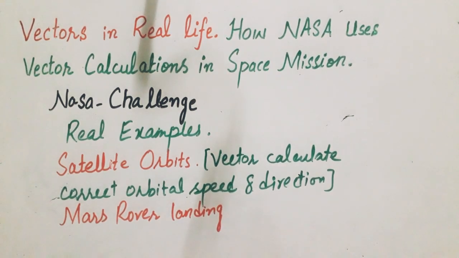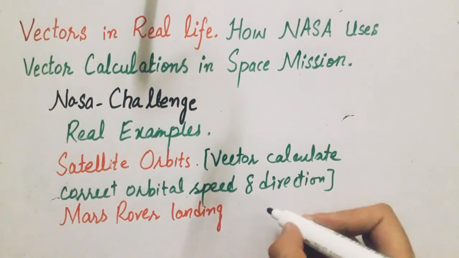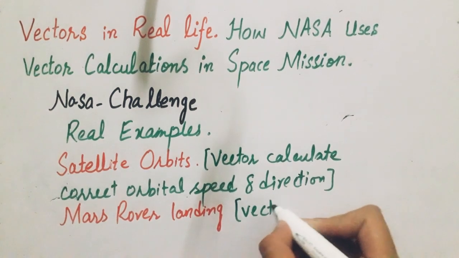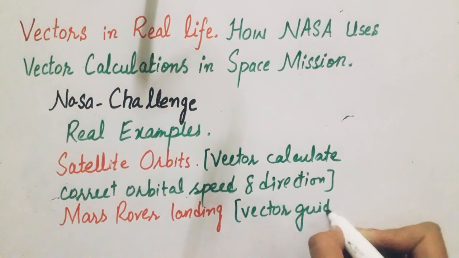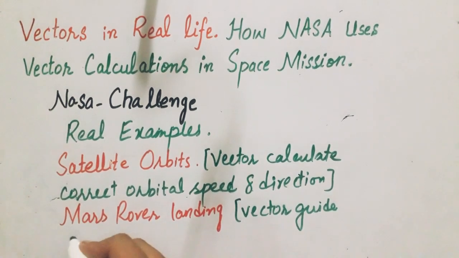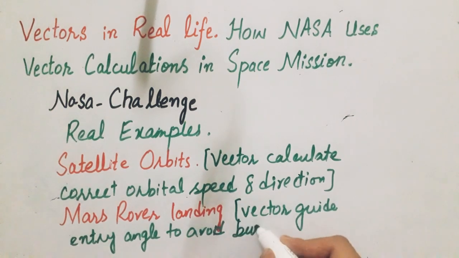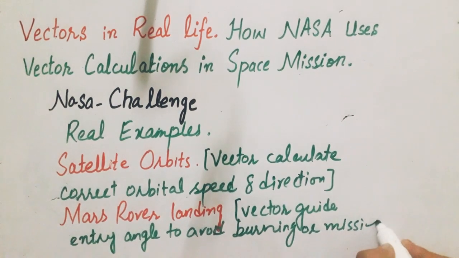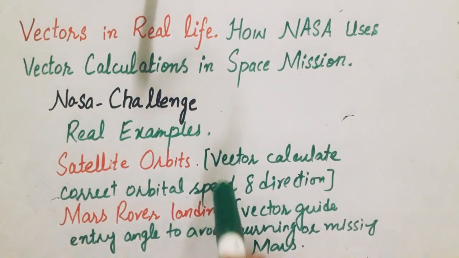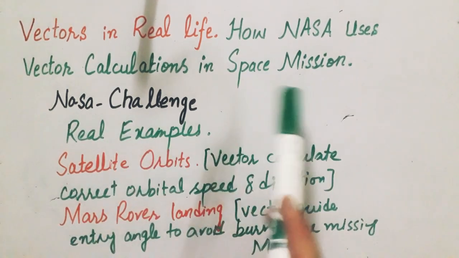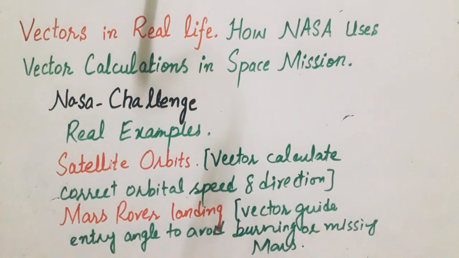Vectors guide the entry angle to avoid burning up or missing Mars. These are two real examples of how NASA uses vector calculation in space missions.